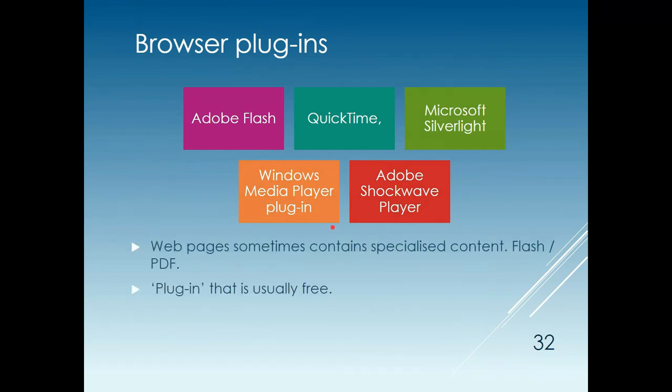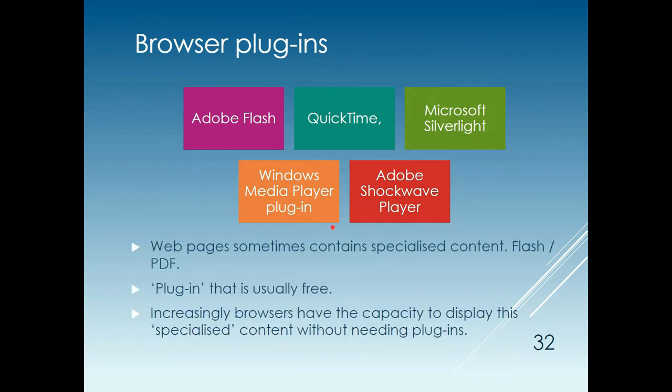So web pages sometimes contain specialized content, Flash or a PDF, and that is why we need to have all or some of these browser plugins installed in order for us to be able to view certain content on certain web pages. So bear that in mind.